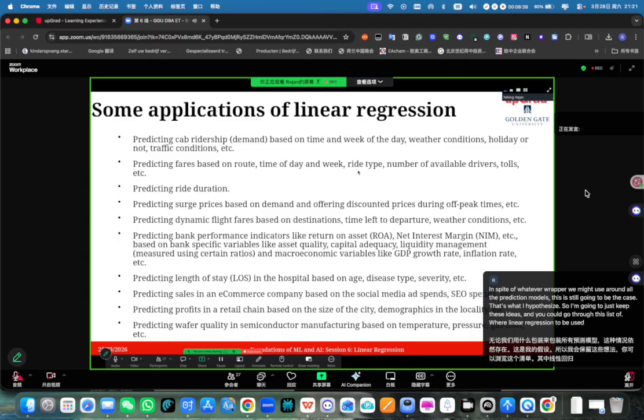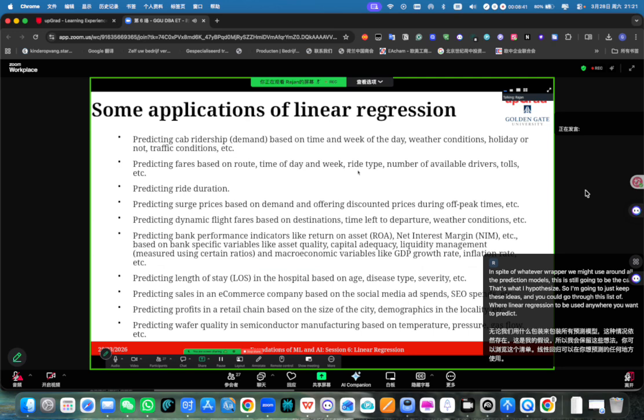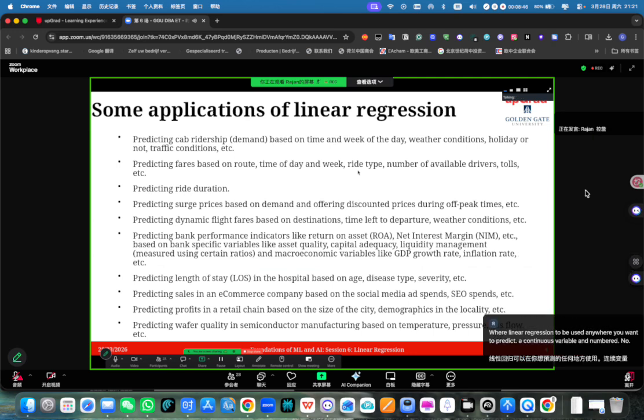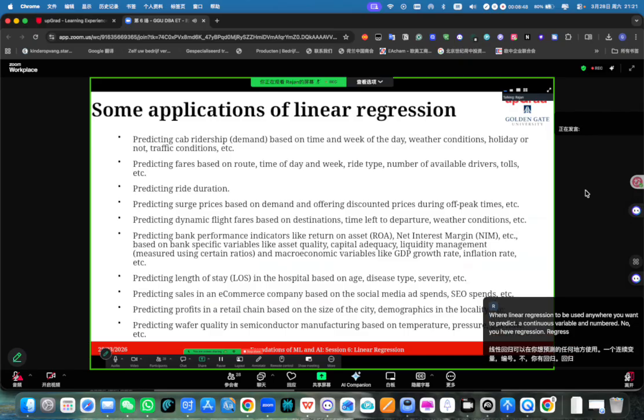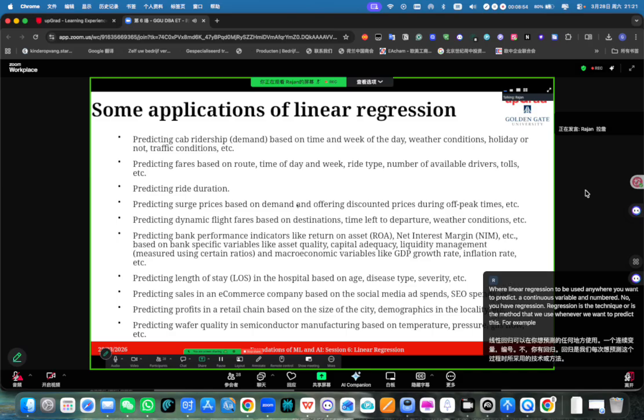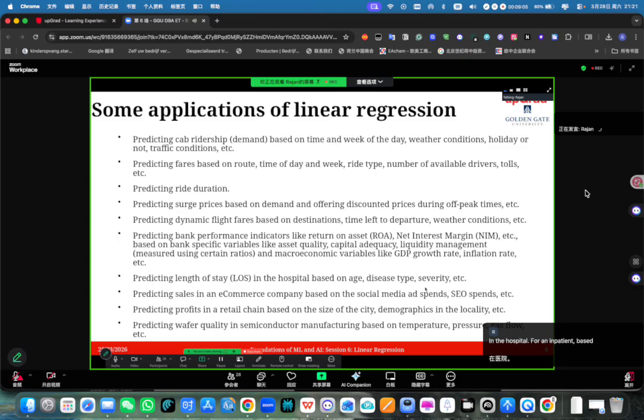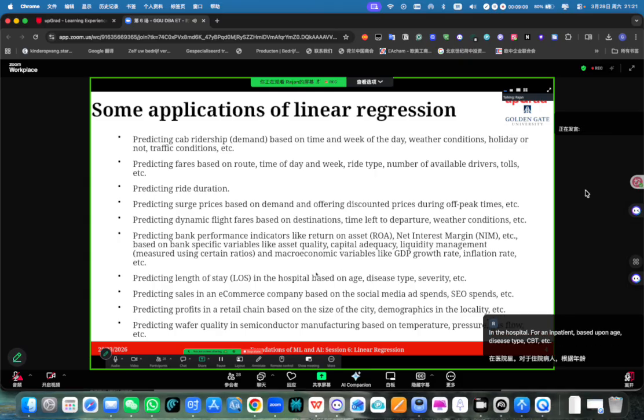Anywhere you want to predict a continuous variable, a number, you have regression. Regression is the method that we use whenever we want to predict this. For example, in very weird scenarios, like predicting the length of stay in the hospital for an inpatient based upon age, disease type, severity, etc. That's a linear regression problem.